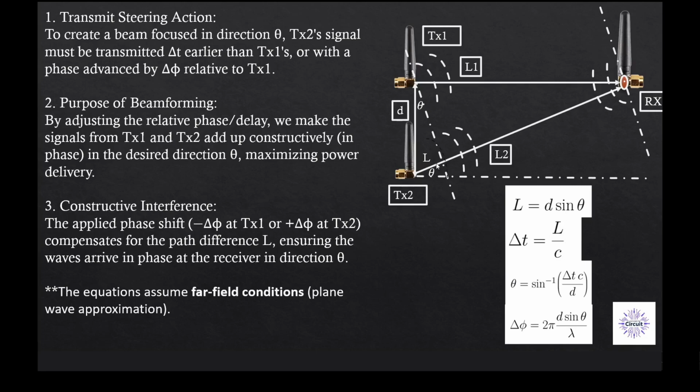Having L, I can find delta t by just dividing L by c, which is the speed of light, and this is in terms of time. I can also find delta t in terms of phase by having the lambda of the wave at the given frequency.